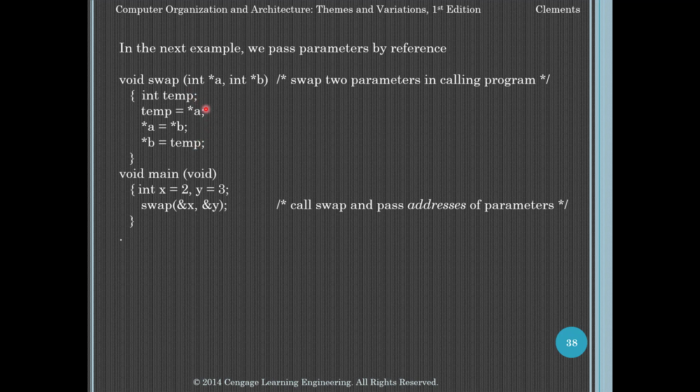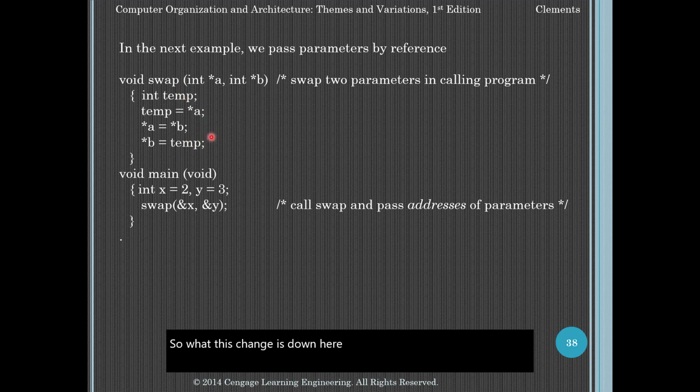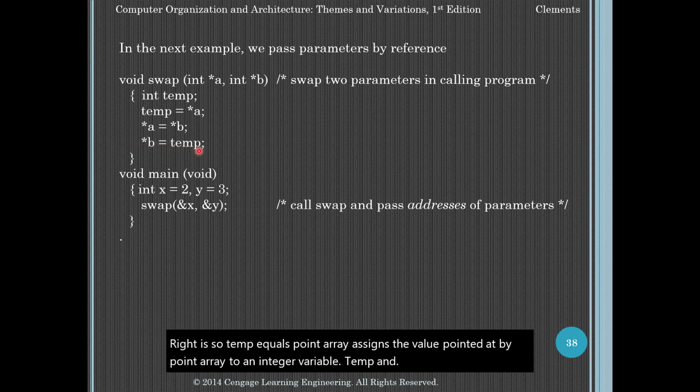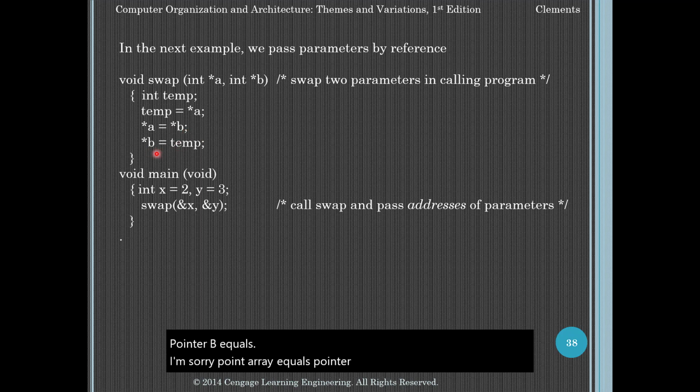So what this changes down here in our function code is that temp equals pointer A assigns the value pointed at by pointer A to an integer variable temp, and pointer A equals pointer B, and pointer B equals temp.